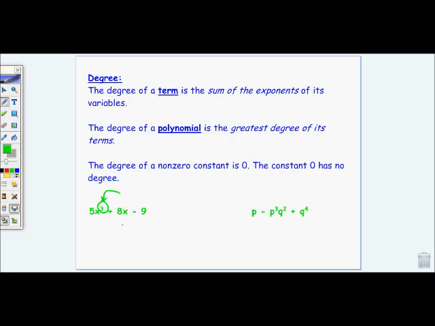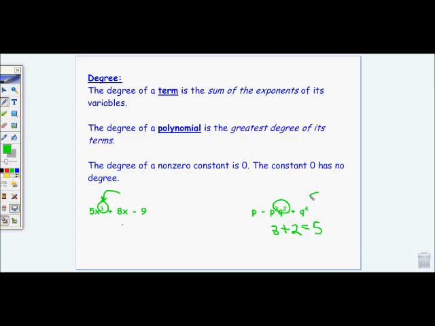And if I look at the next one, we have the terms p minus pq, p cubed q squared plus q to the fourth. Now this one we have a couple exponents. So the greatest degree of the terms is 5. And I got that because I added those two exponents. 3 plus 2 equals 5.